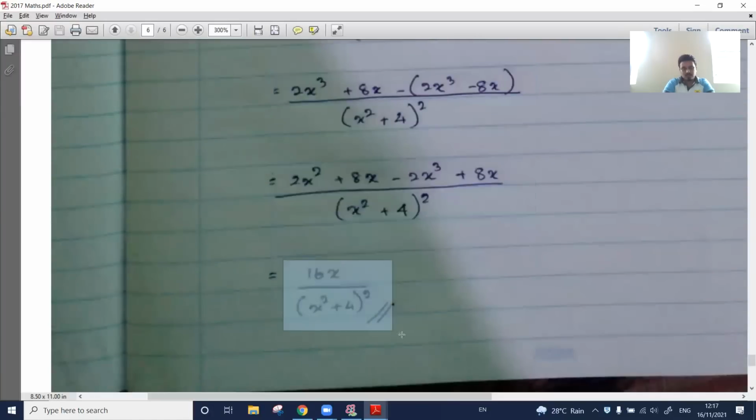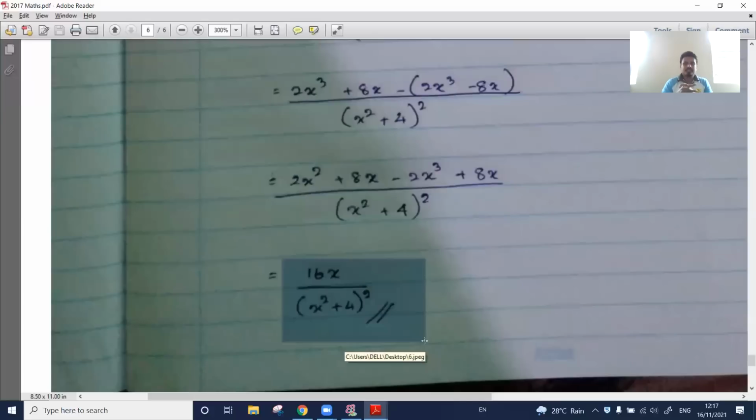So the final answer should be this one, 16x, yes, 16x over x squared plus 4 the whole squared. This should be the final answer.